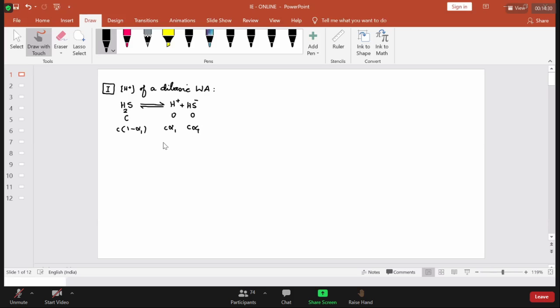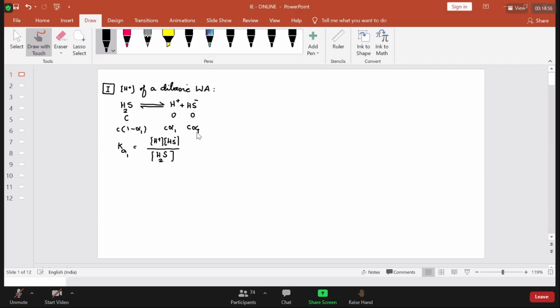What is alpha 1? The first stage degree of dissociation. Now for this, if you want to write Ka, this is called Ka1. What is Ka1? Ka1 is the concentration of H plus ion into the concentration of HS minus, divided by the concentration of undissociated H2S. That is the method of writing, right?